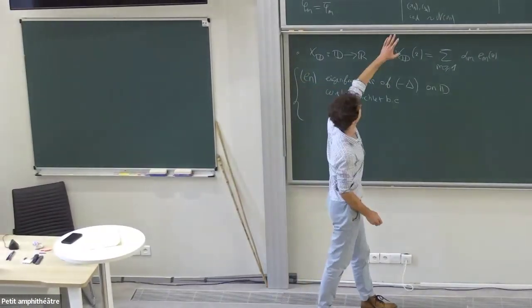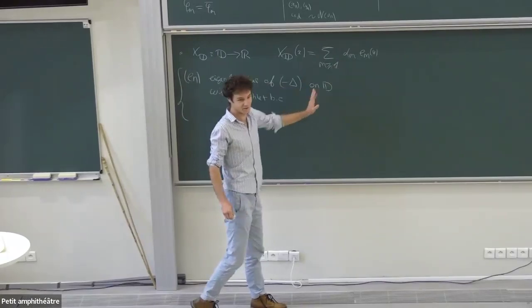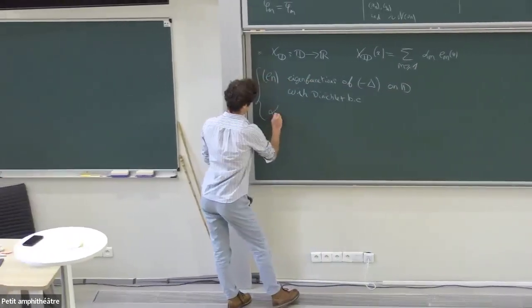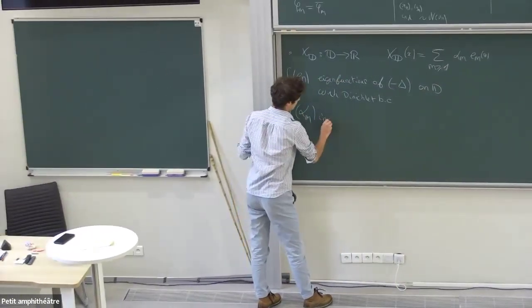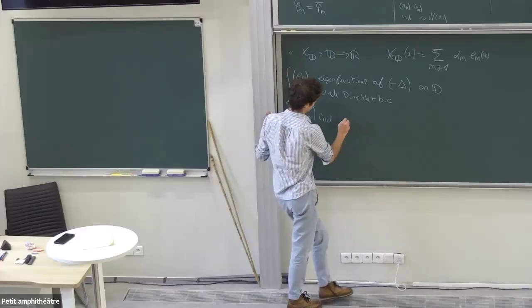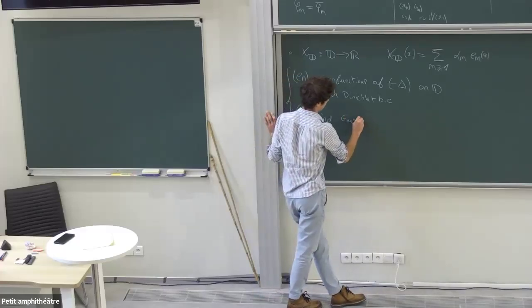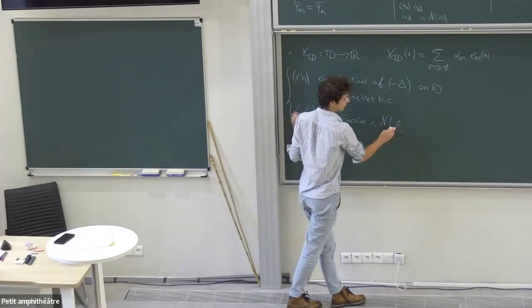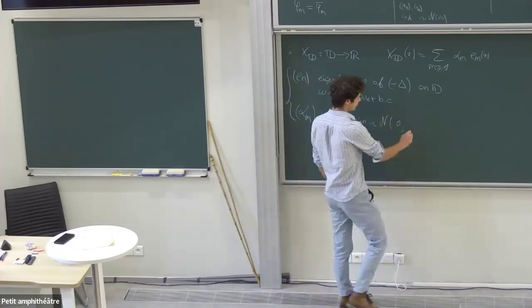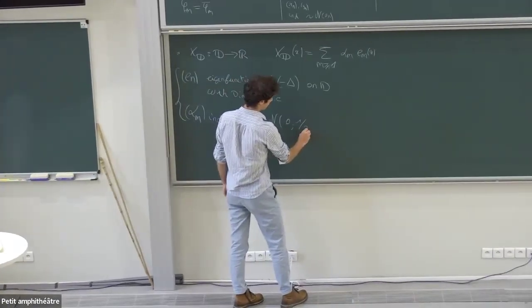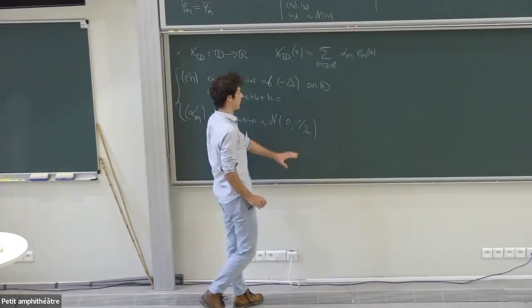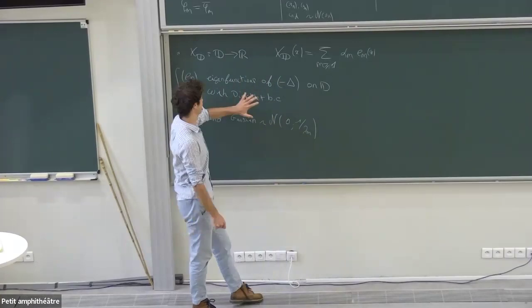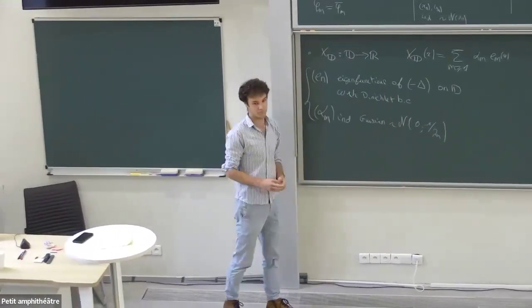And the analog of this phi_n, or this alpha_n, are just independent Gaussian variables. And we assume that they are centered, that the expectation is 0. And the variance is just 1/λ_n, where λ_n is the eigenvalue associated to this eigenfunction.